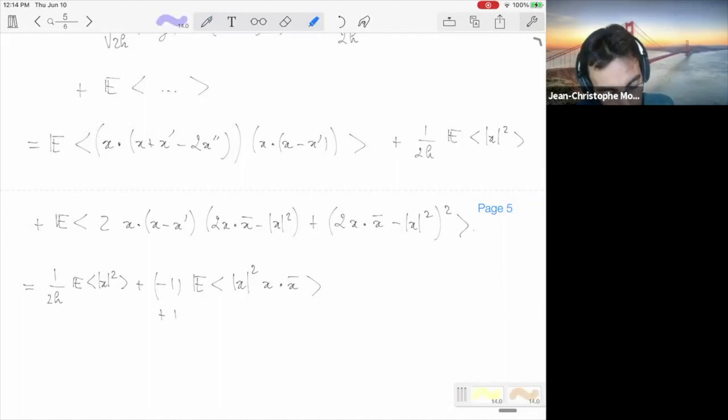Now, what about this term with this term? This is a new form. Okay, this is x dot x prime, everything squared. I'm going to record it separately. So this is -1 times.